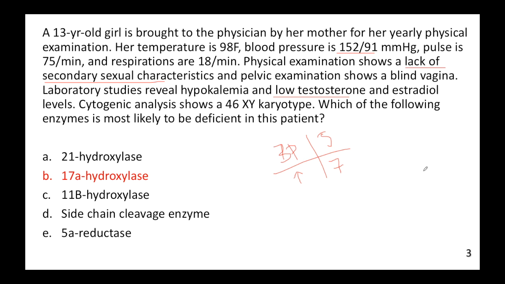Yeah, if it had been 11, she would have had ambiguous genitalia, as well as breast development and probably hirsutism or something like that.